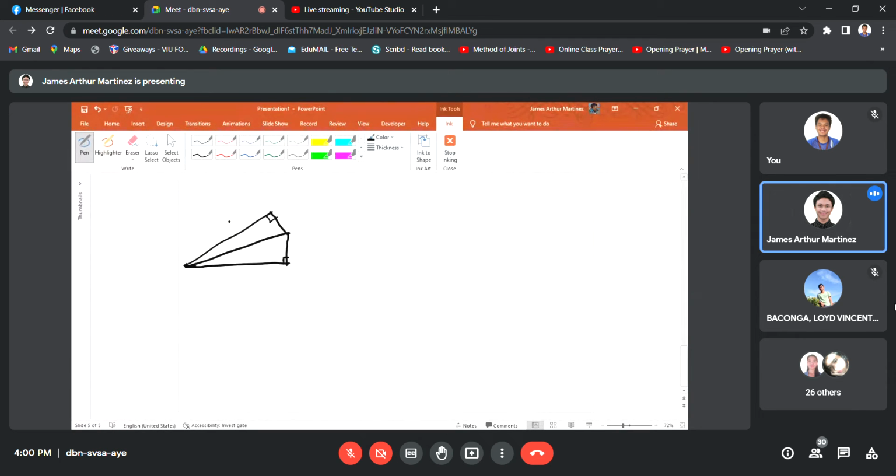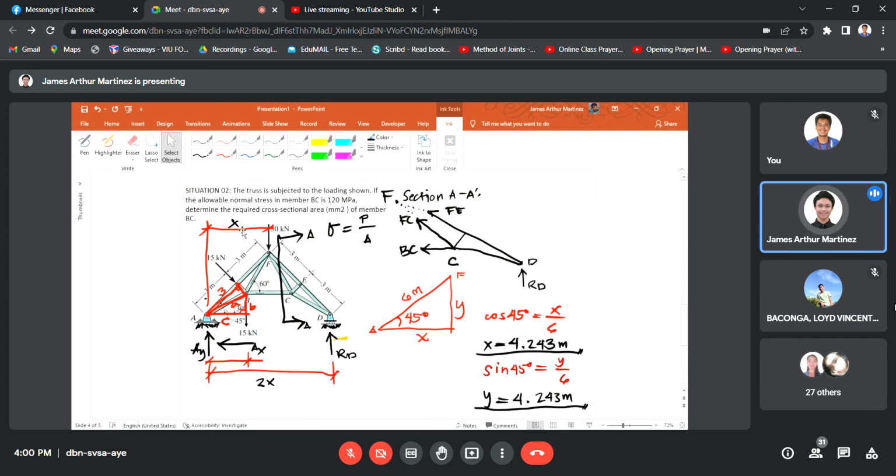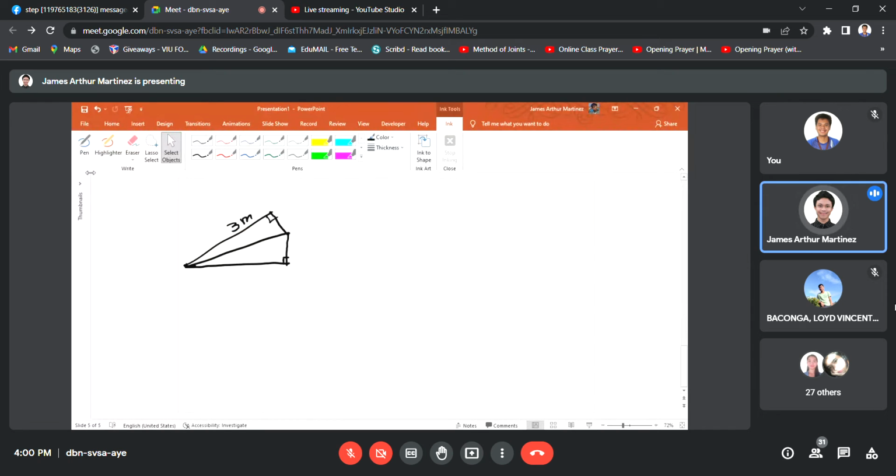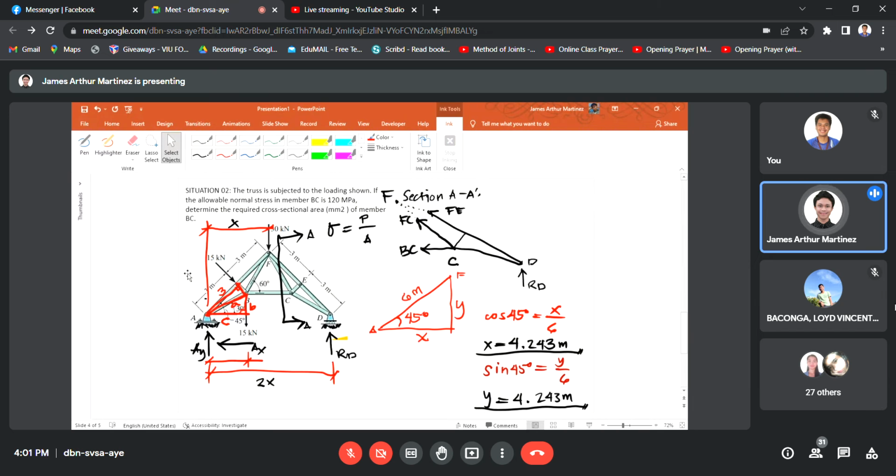Okay, so it's like this. This is 3 meters, the length here. Then ABC: this is A, B, and C. What are the angles of inclination? For this triangle, that is 30 degrees.